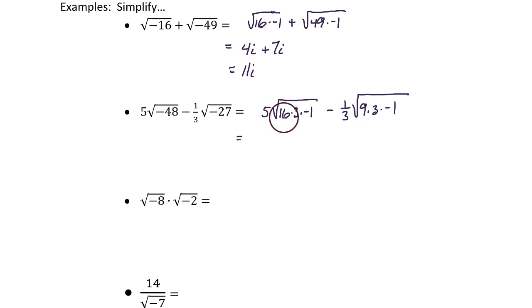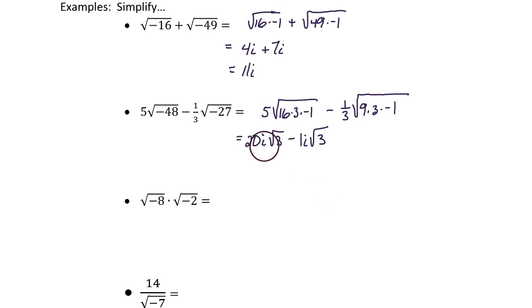The square root of 16 makes 4, and that 4 gets multiplied to the 5 out front, making 20. The square root of negative 1 makes i, and the 3 stays in the radical. Over here, the square root of 9 makes 3, and that 3 gets times to the 1/3 out front, making a 1. The square root of negative 1 makes i, and this 3 stays in the radical.